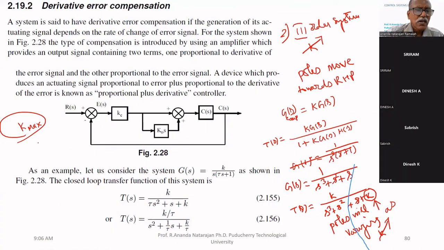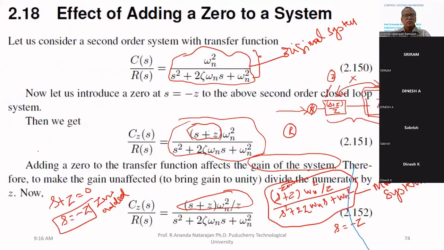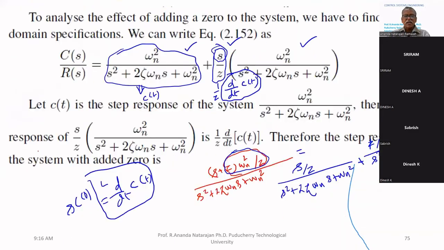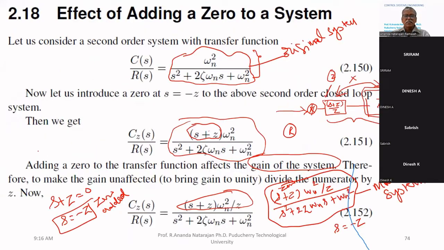Here, derivative error compensation is like we have already seen, the addition of a 0. Adding a 0 to the system, what will happen? We have already seen that the effect of adding a 0 to the system is nothing but adding a differentiator. Because if you add S plus Z, this S is nothing but the derivative of C of t.